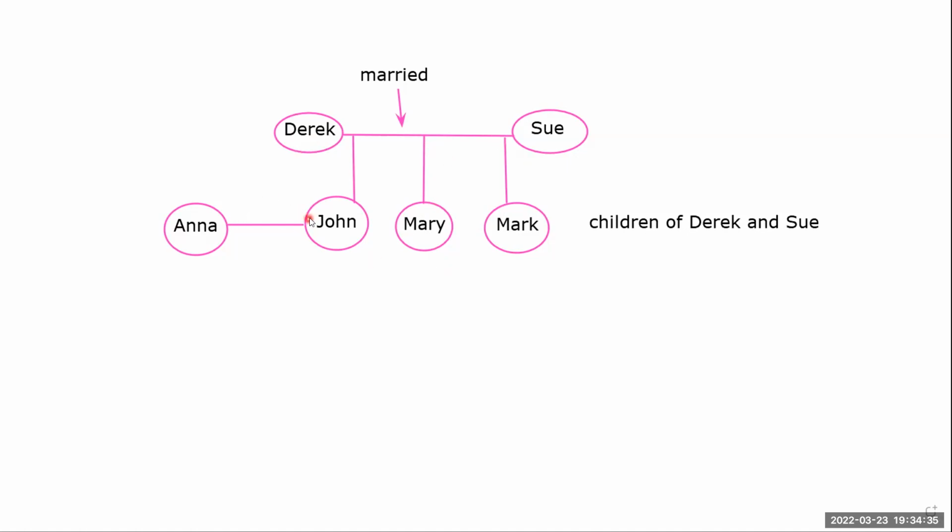But then we have another line here. Now, this does not mean that Anna is one of Derek and Sue's children. What it means is that Anna married John.